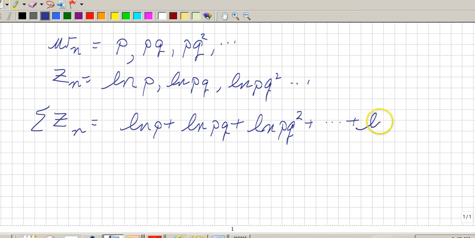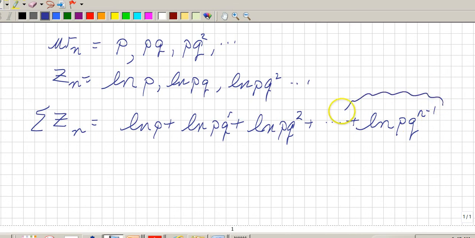Every term is an ln of p and q to some power. Now, what's the power on the q? Like those previous sequences, the q is 0 power on the first term, first power on the second term, second power on the third, so the power is one less than the term number.